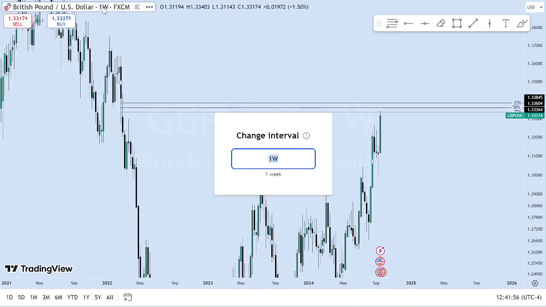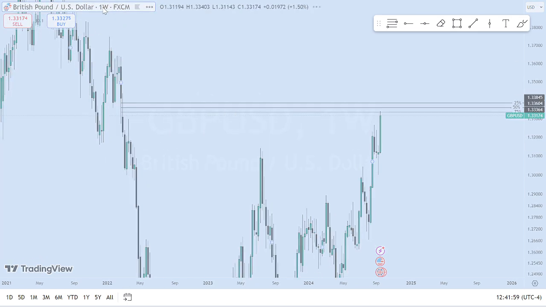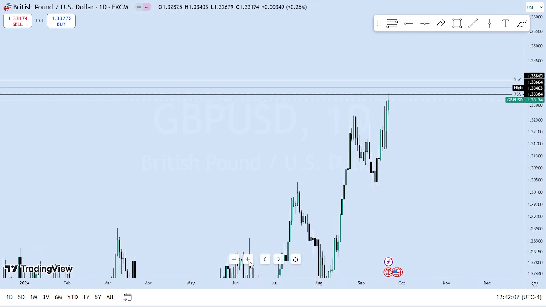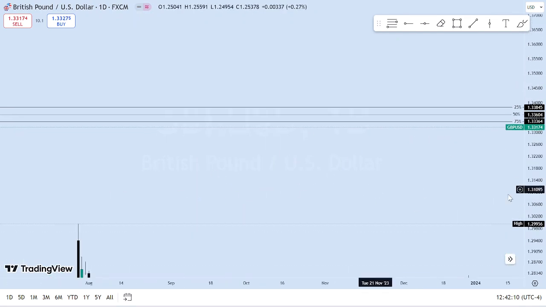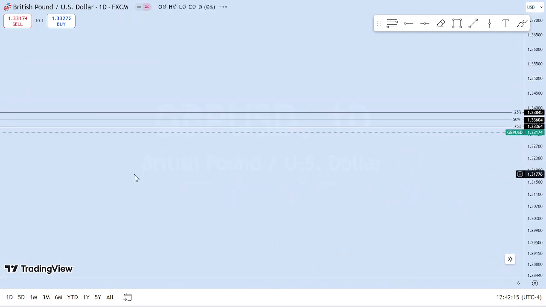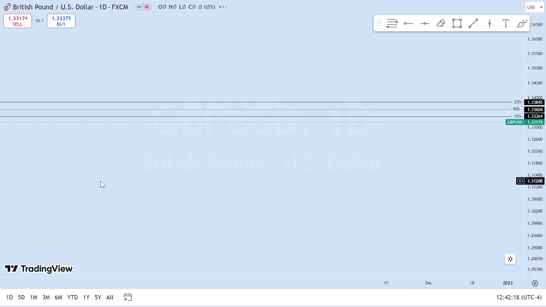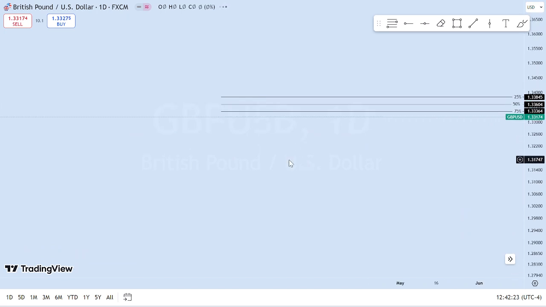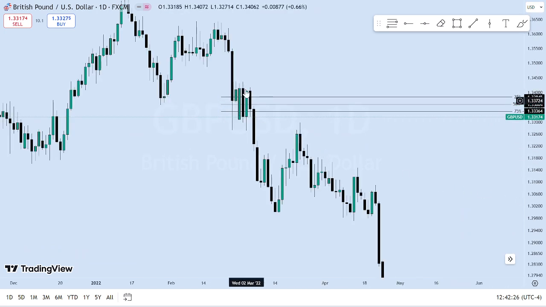So go over to daily. Here on the daily chart, you can see, on the weekly chart we saw a volume imbalance, a space, a gap.